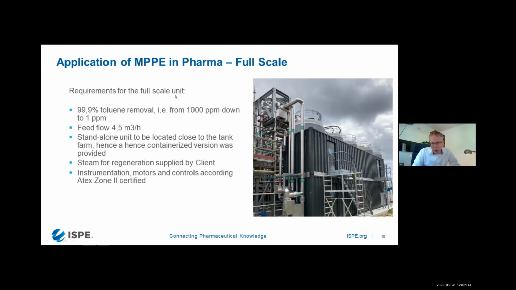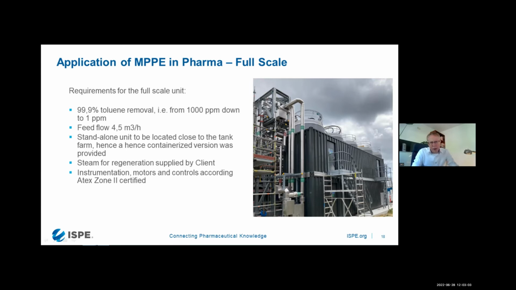In the back of the picture, you see some tanks. So it also needed to be housed in some kind of structure, and therefore we decided to propose a containerized version. Basically the unit is built in 2 containers which are stacked on top of each other.